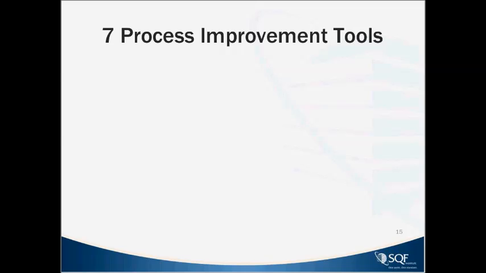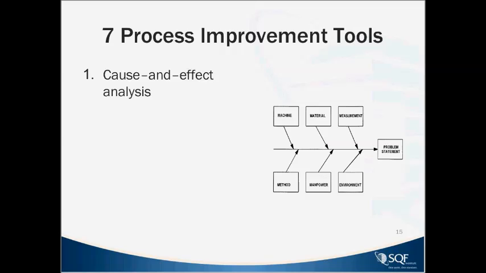Earlier I talked about the practitioner showing competency in SPC and quality tools. So I want to go through some of these quality tools or process improvement tools. Obviously we're going to be talking more specifically around control charting in that application and process capability in this webinar, but there are other process tools that you should look to investigate and see if there is a correct application that you want to apply in your operation.